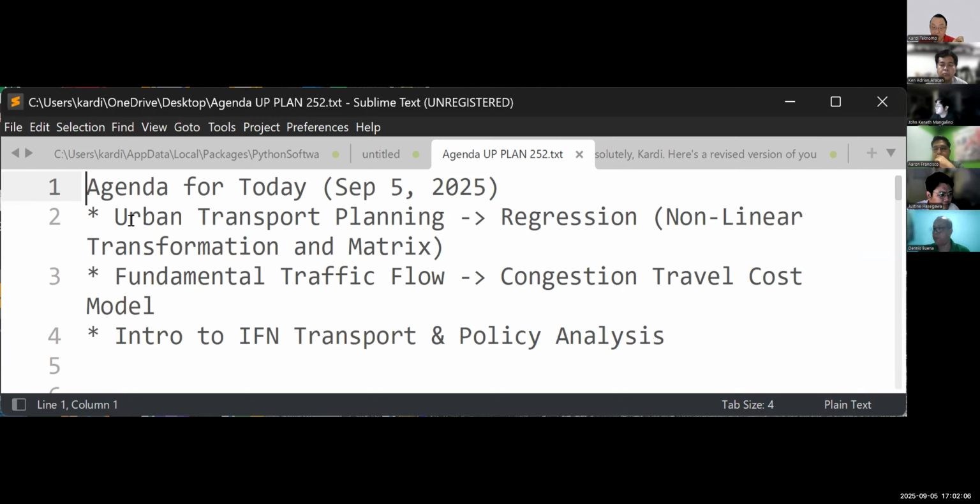Then we'll discuss fundamental traffic flow, with the purpose to show you the model for congestion travel cost model. And if we still have time, we continue with the introduction to transport policy and policy analysis.